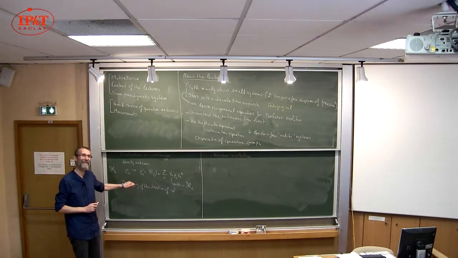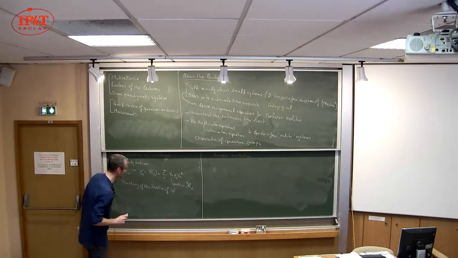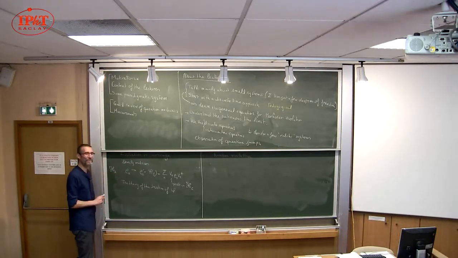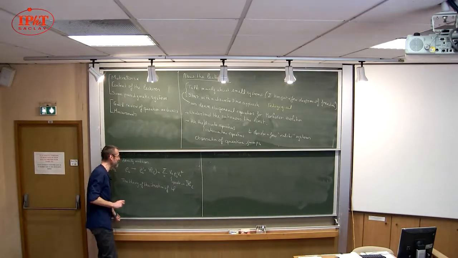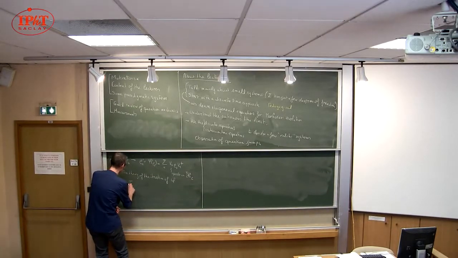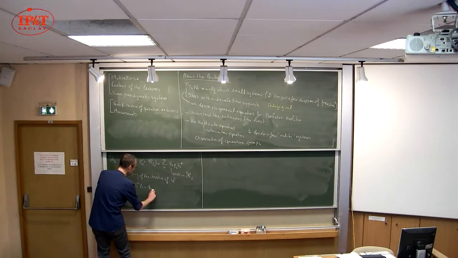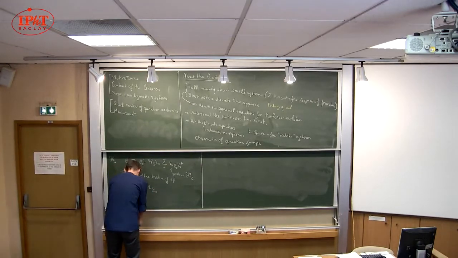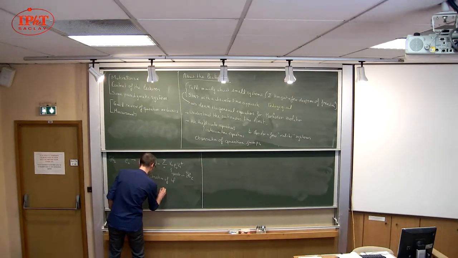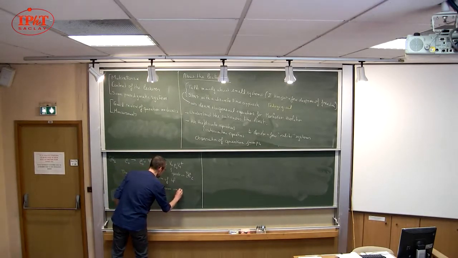No, because there is one equation missing. This should be supplemented with another equation, which is the following: the sum over A of VA dagger VA is equal to the identity operator on H sigma. And this ensures the conservation of the trace.